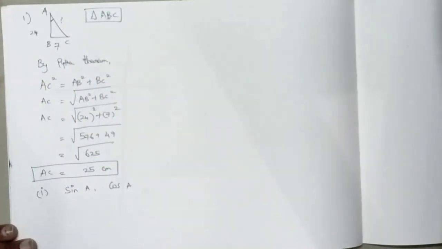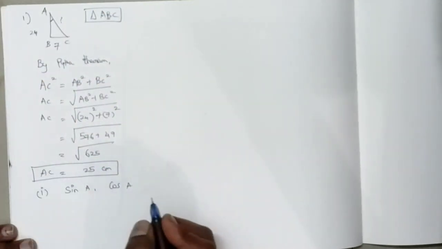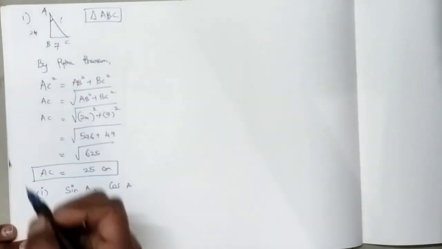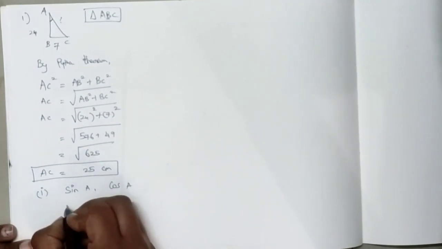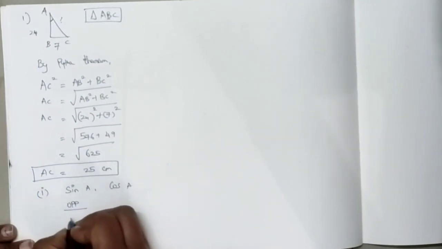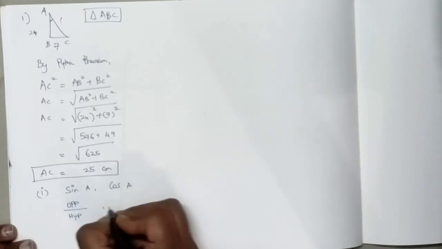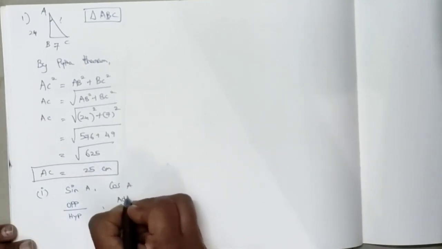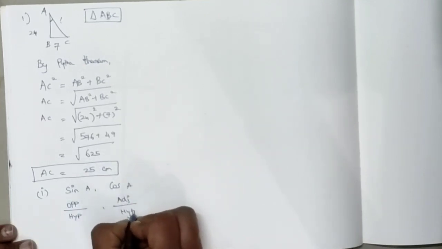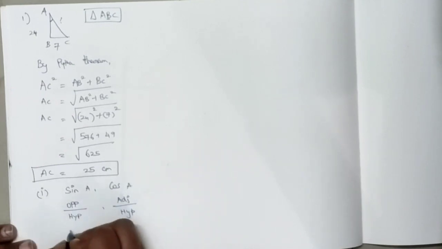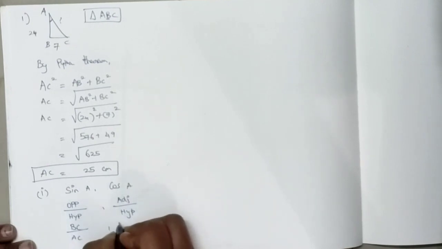This is angle A. So what will be sin A? Opposite divided by the hypotenuse, right? And cos is adjacent divided by hypotenuse. So sin A is BC divided by AC, and cos A is AB divided by AC.